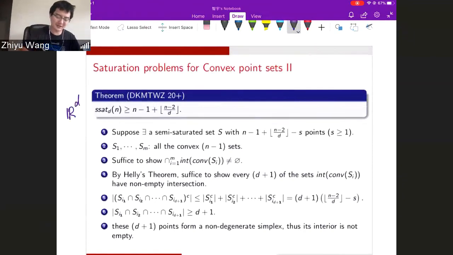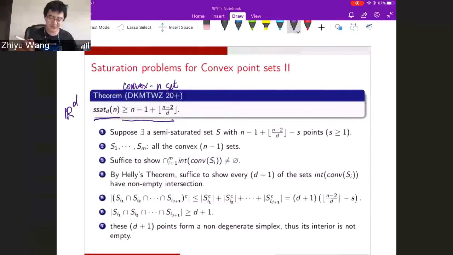Here the setting is that we want to determine the semi-saturated number of a convex n-set, but we allow the points to be in d-dimensional space. What we can show is that it is lower bounded by n minus d plus the ceiling of (n minus 2) over d. So what's the proof?